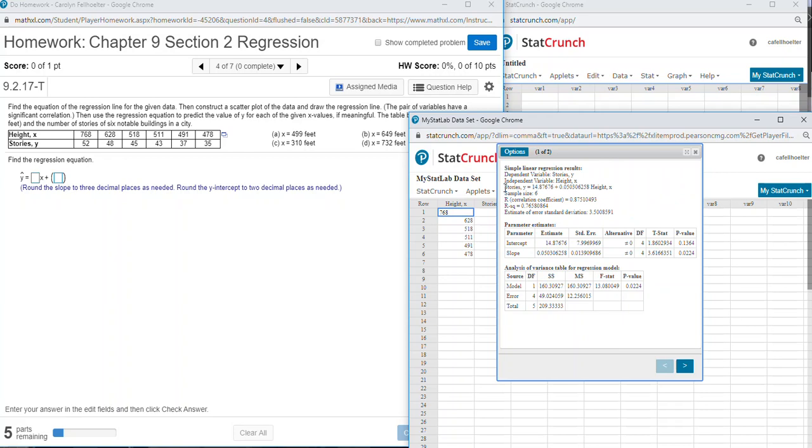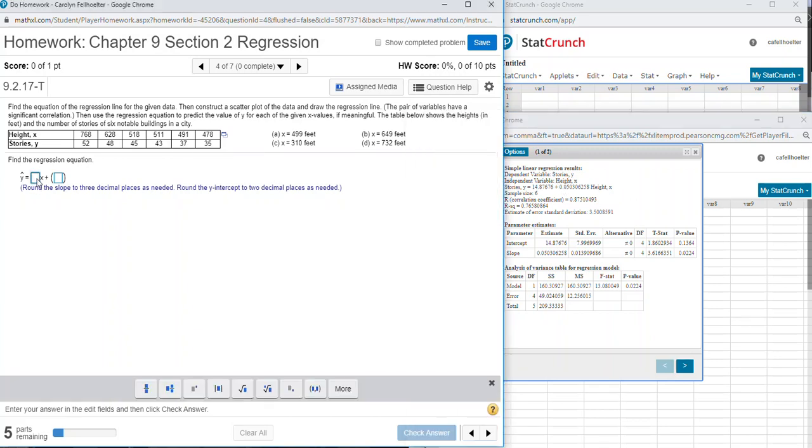This right here is the regression equation. So y is equal to 14.87676 plus 0.0503 times x. So I'm just going to type that in. It says 3 decimal places for the slope. So the slope is what goes with the x.